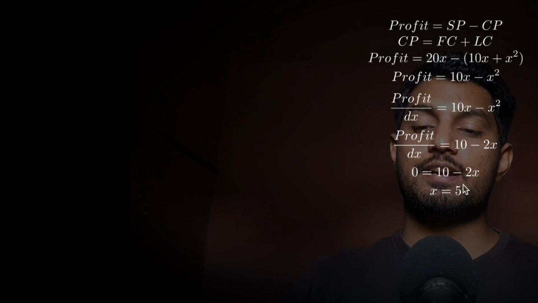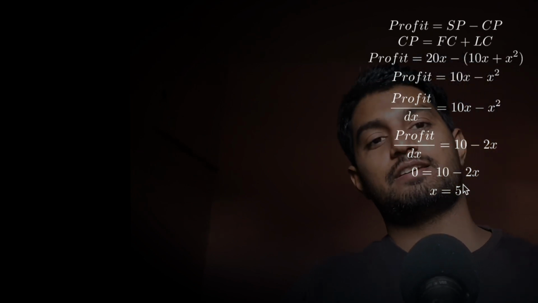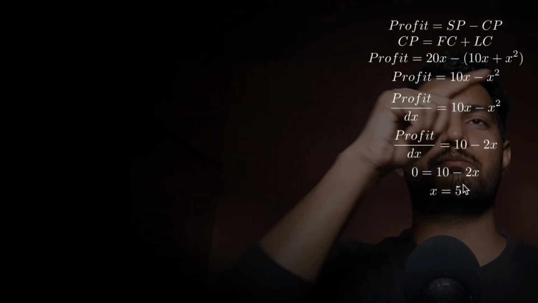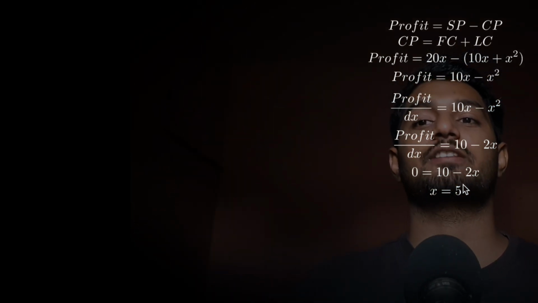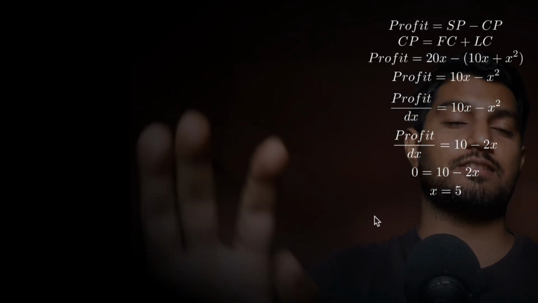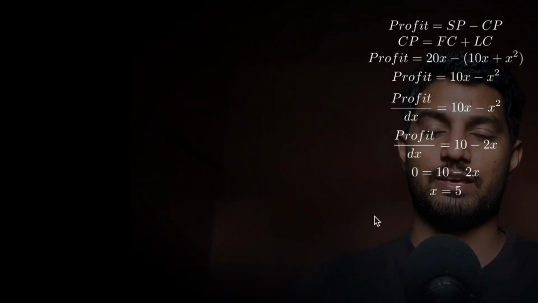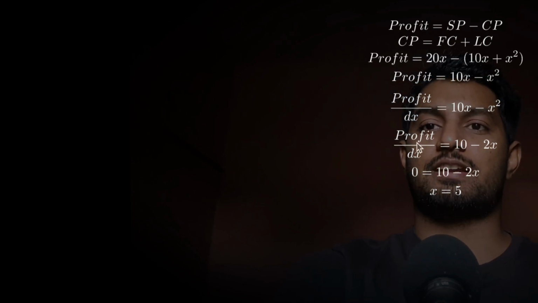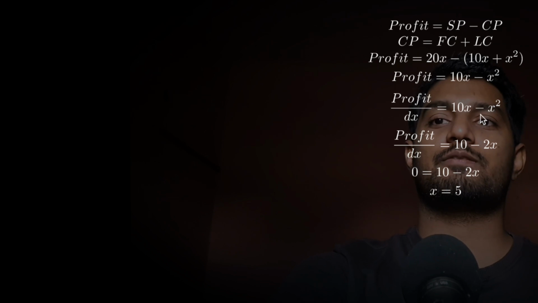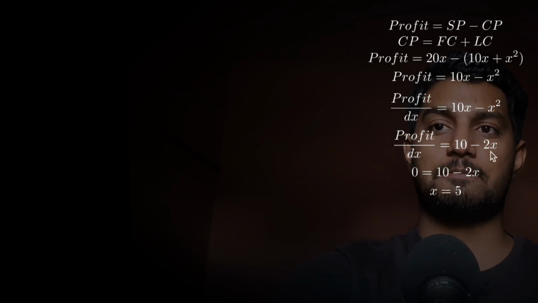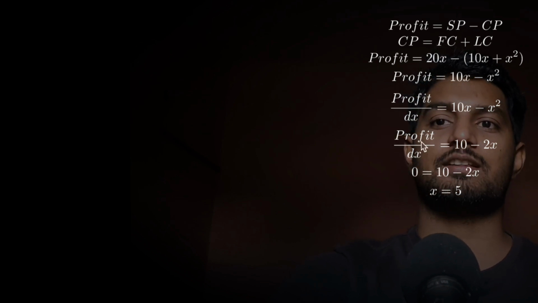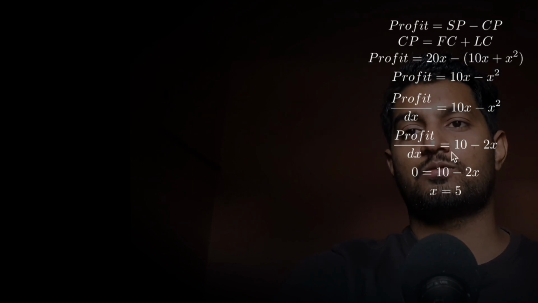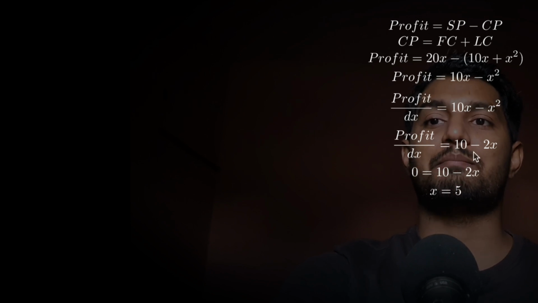And one point is that in this example, we could see the graph was like for a maximum, but how would you know without drawing the graph? This is a bonus part. If you don't even understand, that's okay. The bonus part is that if you differentiate again, d by dx, after the first differentiation I got 10 minus 2x, right? When you differentiate again, you will get minus 2.